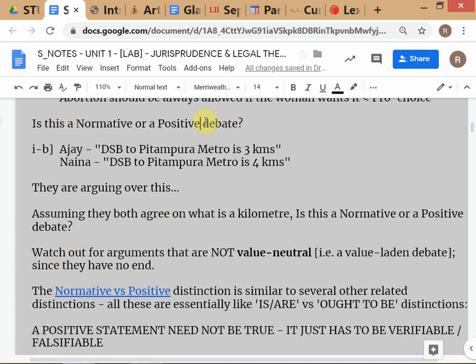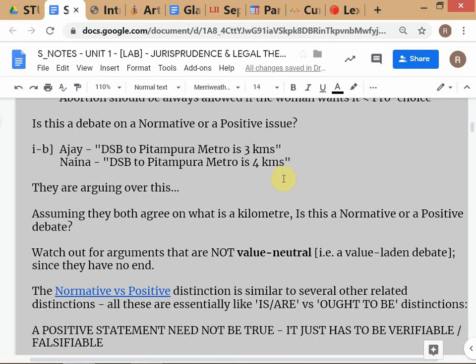Is this a debate on a positive or a normative issue, or point, or statement? We'll write it simply as issue, a positive issue.